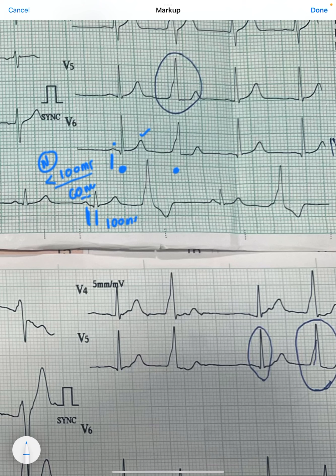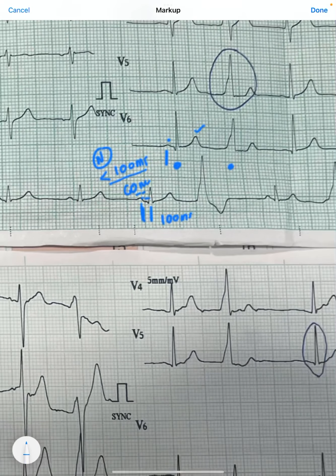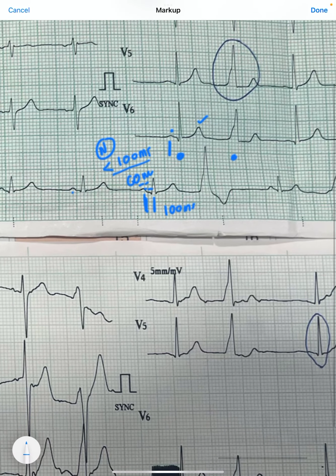There are two small boxes, 1 and 2. So we can trace this PR. This is P wave here, and this is QRS. So this is one box, and this is second box. So there are two boxes, which means the time is 0.08 second.